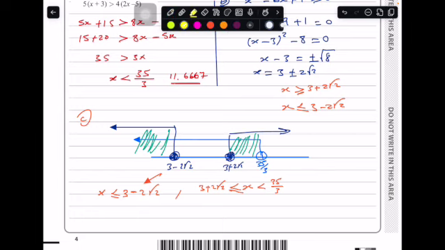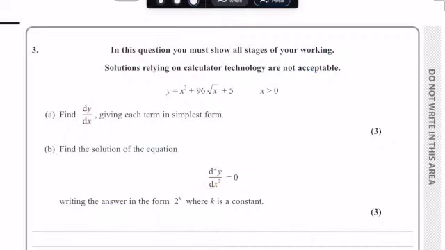We have to draw the number lines so we can see the crossing lines and see where the two inequalities intersect. That's it.